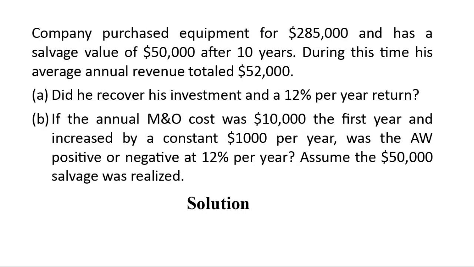A company purchased an equipment for 285,000 and has a salvage value of 50,000 after 10 years. During this time, his average annual revenue totaled 52,000. Did he recover his investment using 12% per year return?